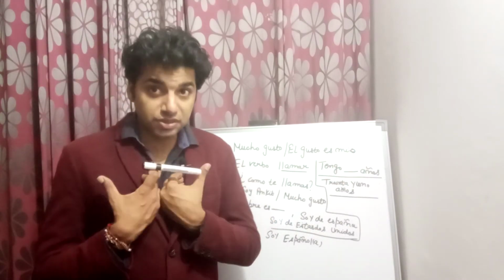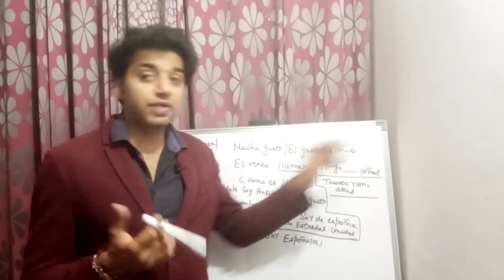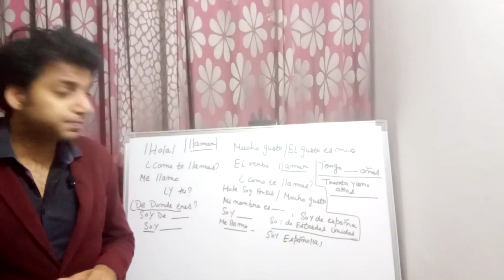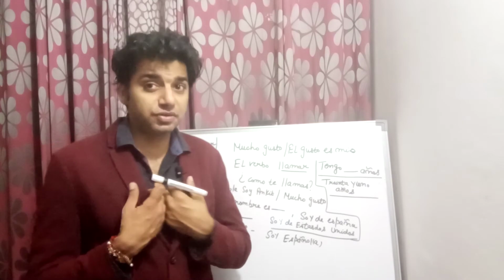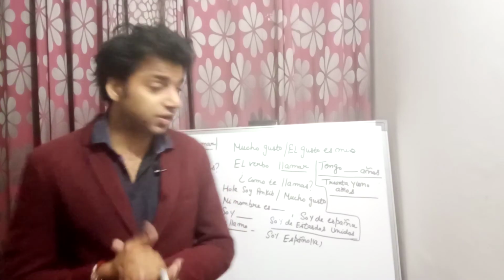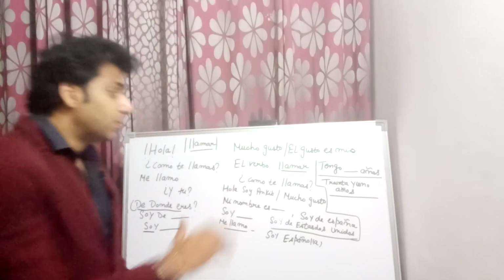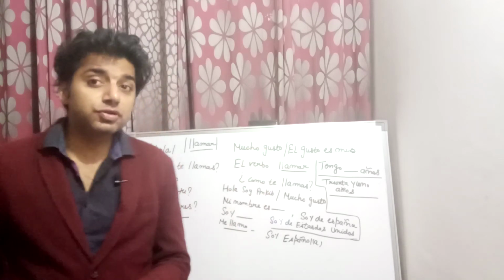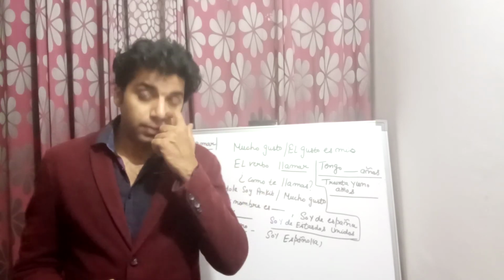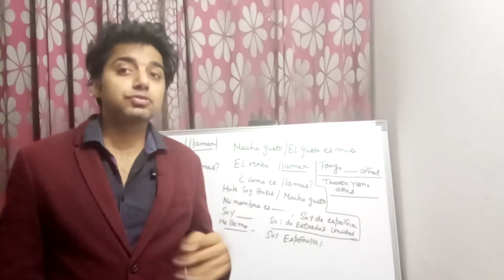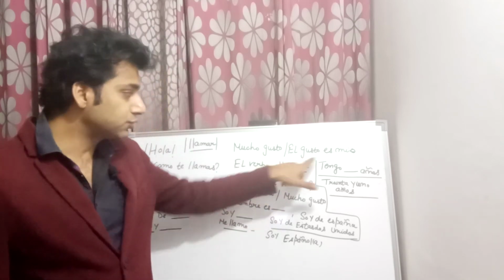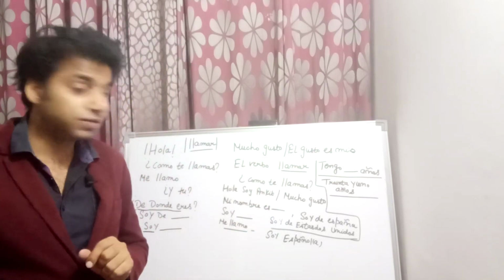Mío is a possessive adjective. So if you want to reply to mucho gusto, your reply would be el gusto es mío. Speak up. El gusto es mío. Is that clear to you?